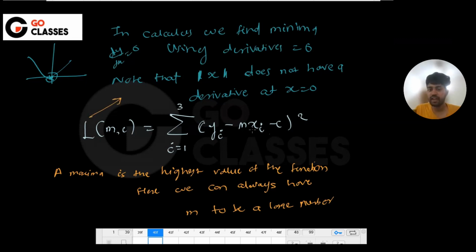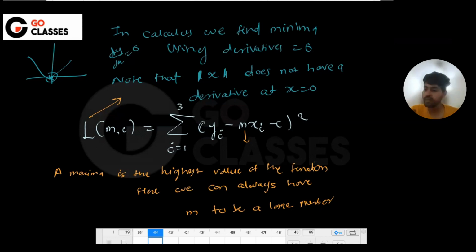I can just take m to be like 100 million and c to be like 200, 400 million, and I can always have a number greater than that. So I can always set the values of m and c such that this function is higher. The value of this function can increase arbitrarily, to any point I want, by setting m and c to very, very high values. So there is no maxima here at all in this function.